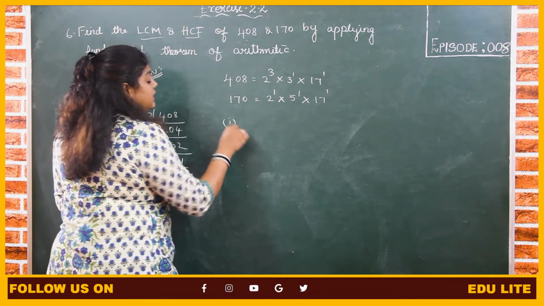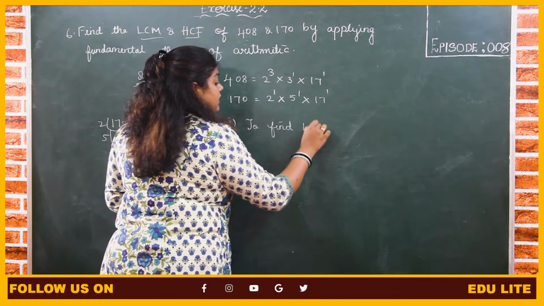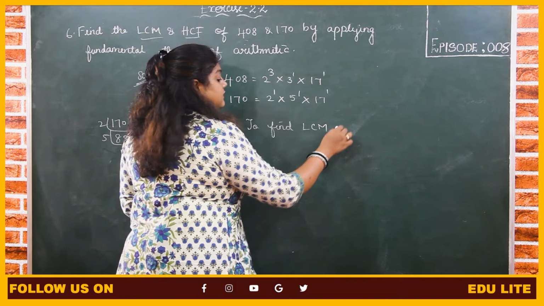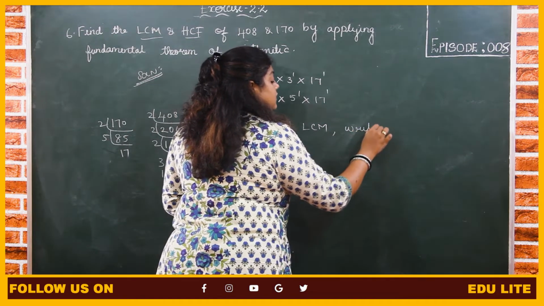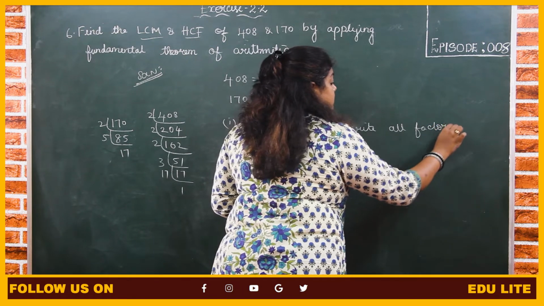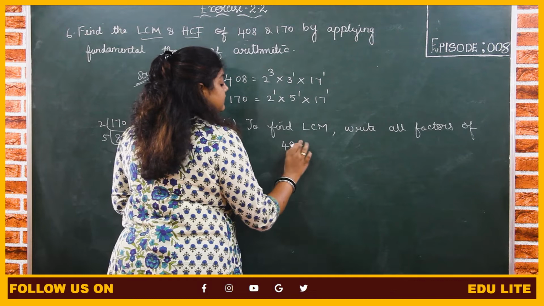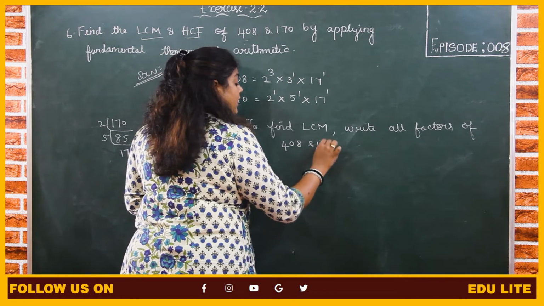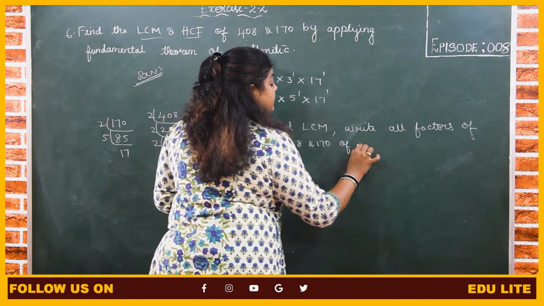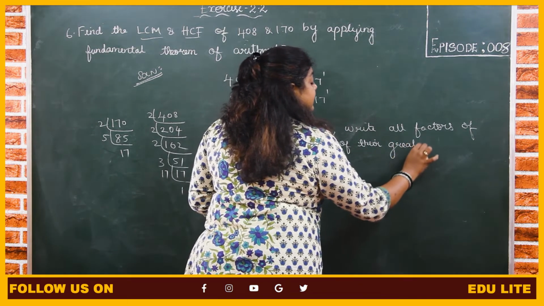So first, to find the LCM, we have to write all factors of 408 and 170 with their greater exponents.